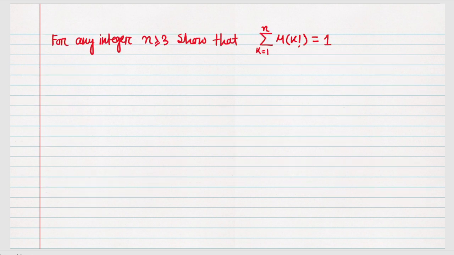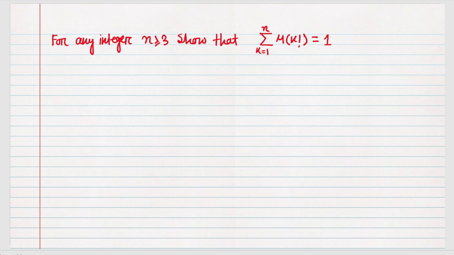So let us move to our next example, which says that for any integer n greater than or equal to 3, we have to show that the summation from k equals 1 to n of mu of k factorial is equal to 1.